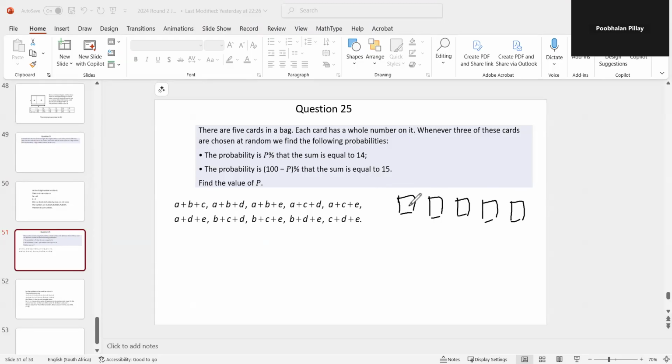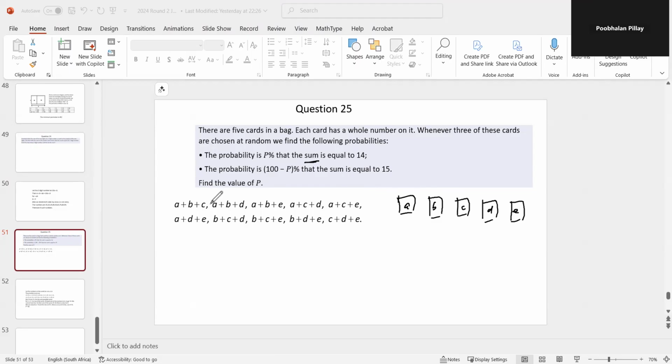Okay, let's call these numbers A, B, C, D, E. So we pick any 3 of these at random, right, and then we calculate the sum of these 3 numbers, right? So I've written down all the possible ways here in which you can take 3 of these cards. You can have A, B, C, then the sum is A plus B plus C, or you could have, see, there's a way of listing these.